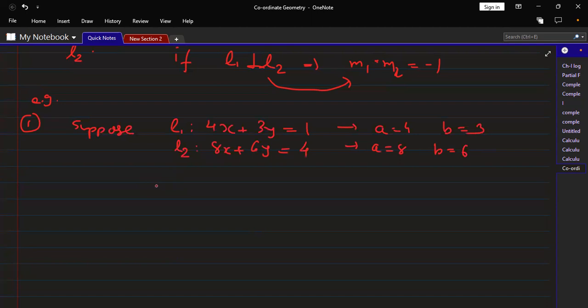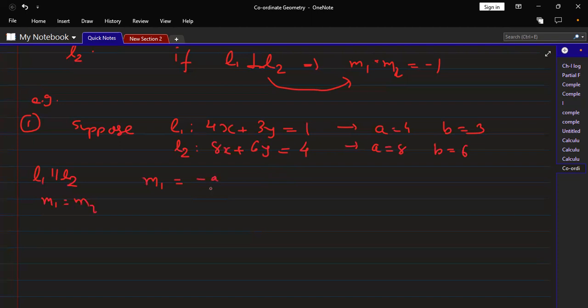So now we know that if L1 is parallel to L2, we have to check it. So M1 equals M2 should happen. So first of all, finding M1. In this question, we are just checking whether L1 is parallel to L2 or not. So the question is that L1, L2 are given, then just identify whether L1 is parallel to L2 or not.